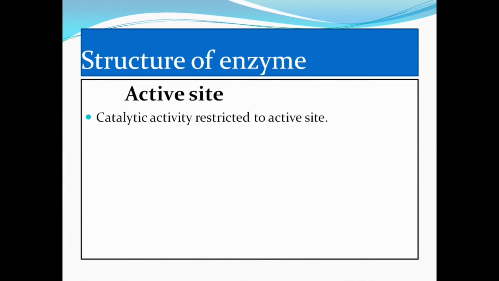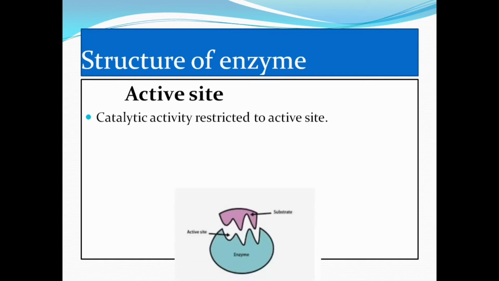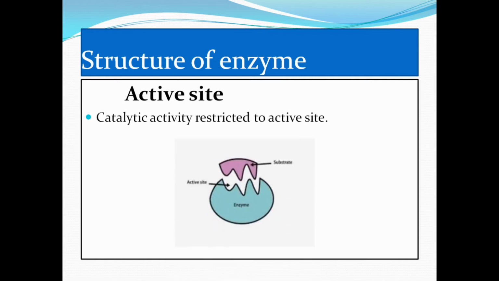There are three main parts of enzymes. First is the active site. The active site is a site at which substrates react with enzymes, and then the enzyme converts this substrate into products. This is a complete, rough model structure of enzymes.